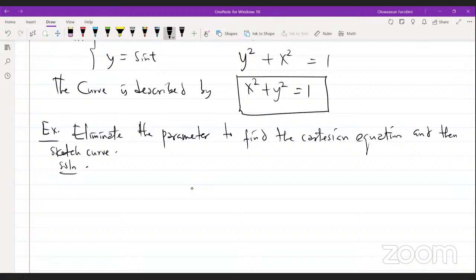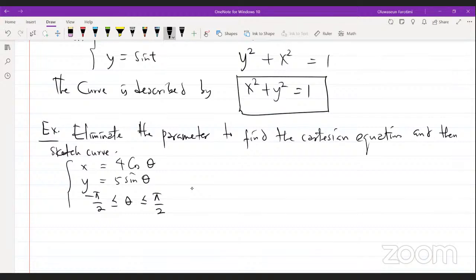Solution. In this case, I need to give you the parametric equation: x is 4 cosine of theta, y is 5 sine of theta, and theta is between negative pi over 2 and pi over 2.